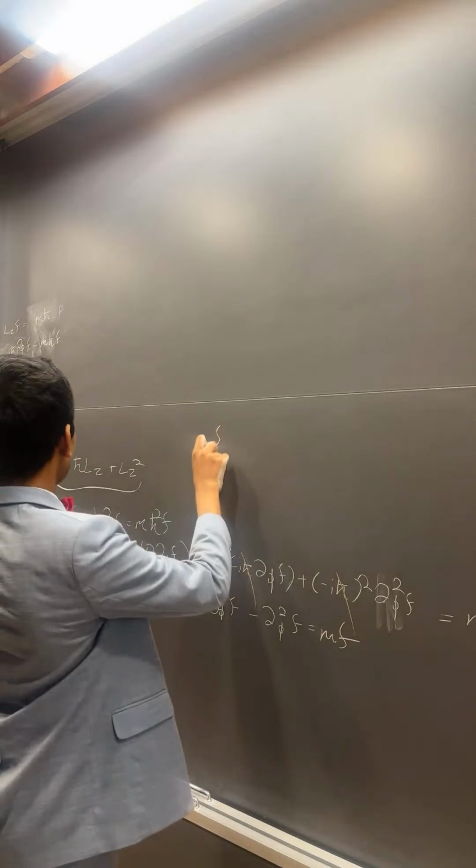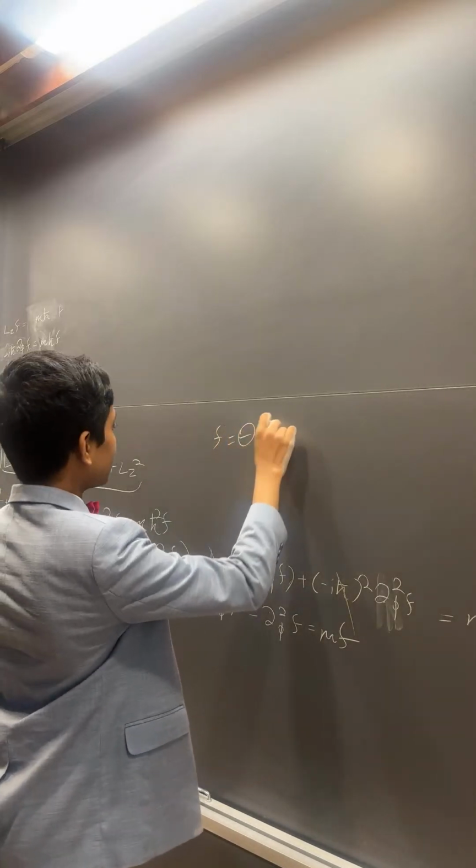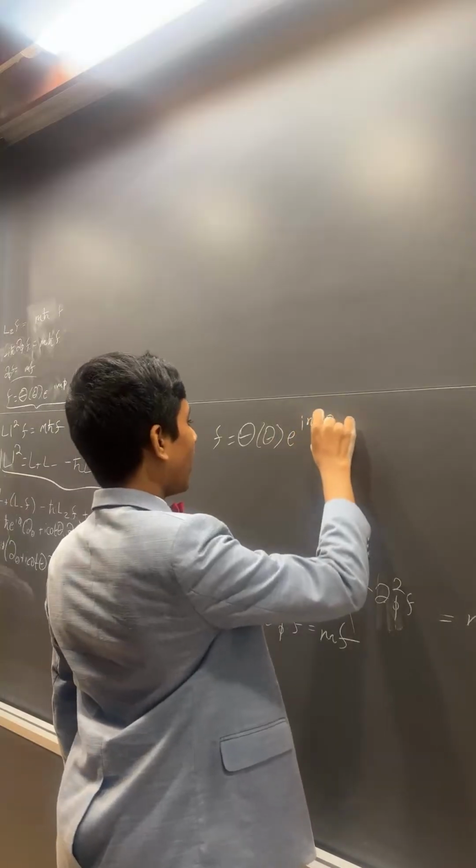I'm sorry. So you get e to the i phi. And what happens when we distribute this? Well, the first thing we're going to do is factor f into theta of theta e to the i m phi. So what you get here is e to the i phi multiplied by partial theta plus i cotan theta partial phi, e to the minus i phi.